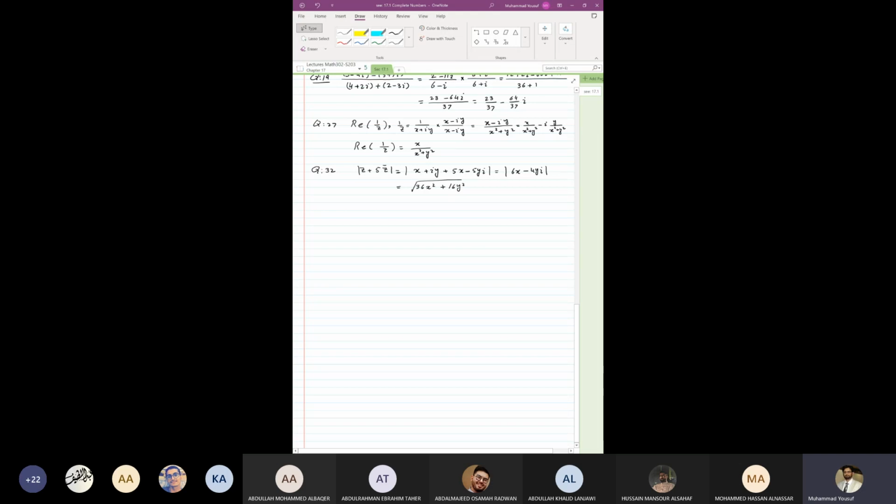For example, in question number 39, which of the complex numbers is closer to the origin?